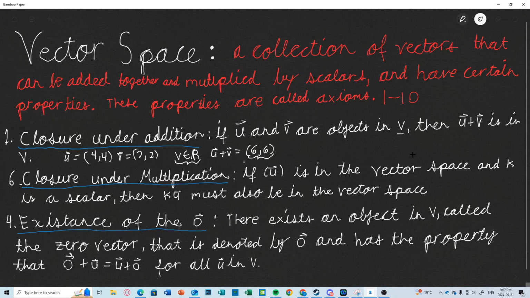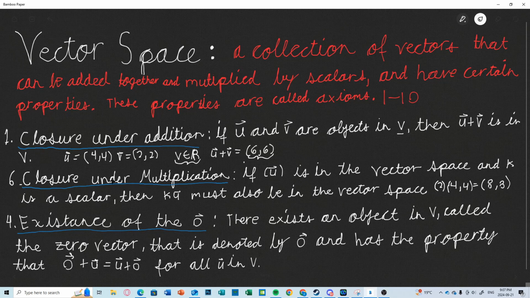So we'll go over how to test these ones later, but what that means is if we have our vector u again, which is 4 and 4 from before, and we'll have the same vector space V being all real numbers, then what we could do is we could have a scalar k, which we could call 2, and as long as this is still in the vector space of all real numbers, then this vector is also in the vector space, which would give us 8 and 8, which is still both real numbers, which means that it is in the vector space.